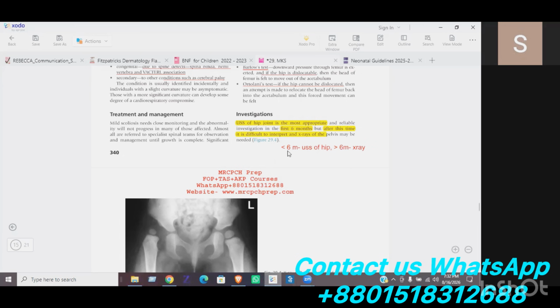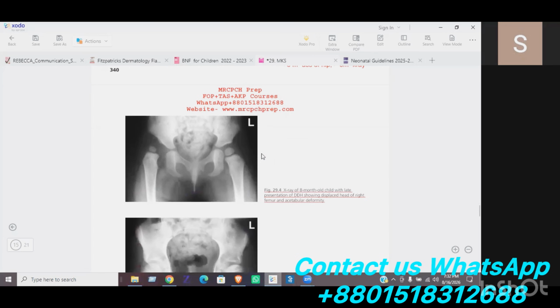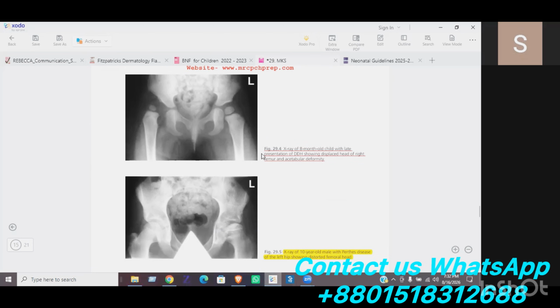This is very important for the exam. In questions, remember: if the baby is less than 6 months, ultrasonography; more than 6 months, X-ray.